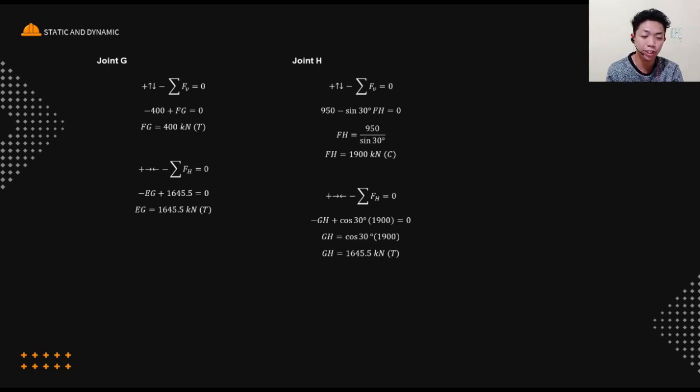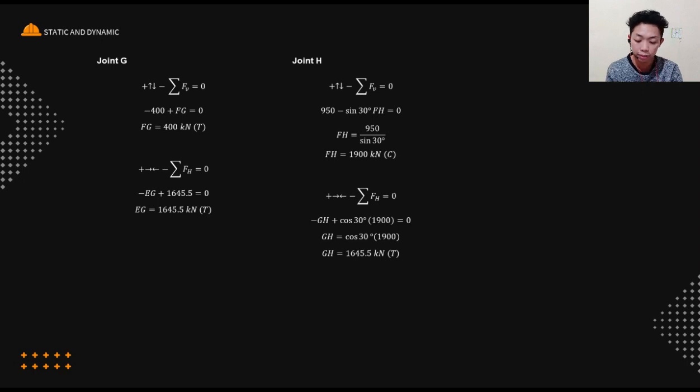Next is yung joint G. Sa joint G naman is ganun din yung gagawin natin: summation forces vertical tsaka summation forces horizontal. So, simula muna tayo sa summation forces vertical, which is kapag pataas is positive, then kapag pababa is negative.